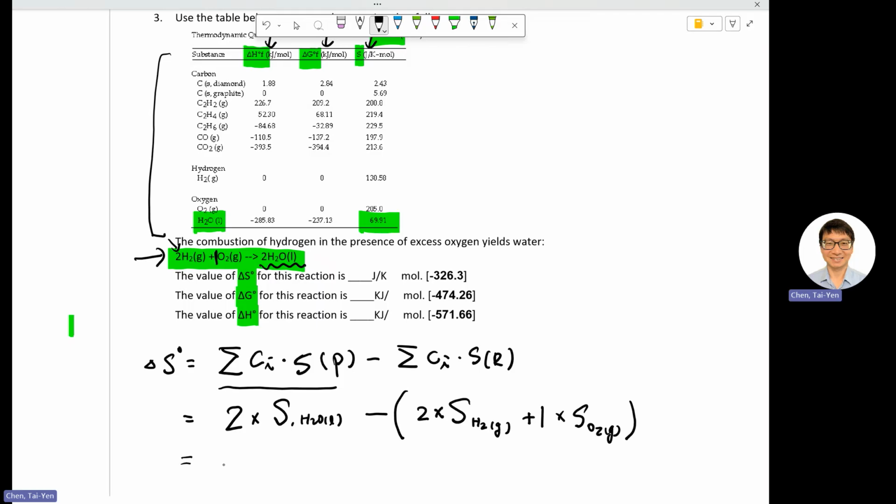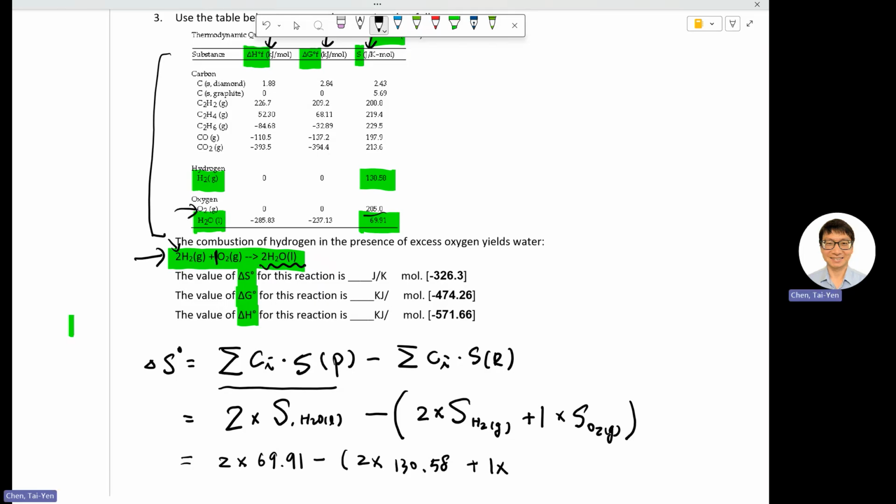So you have equals 2 times 69.91 minus 2 times the entropy of your H2 gas, so 2 times 130.58, plus 1 times the entropy of O2.